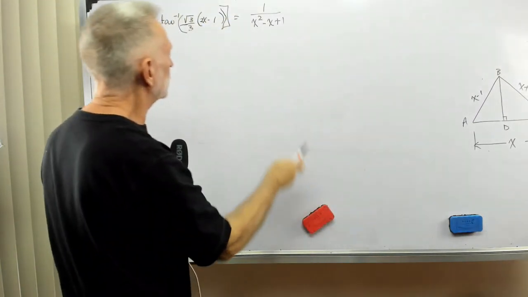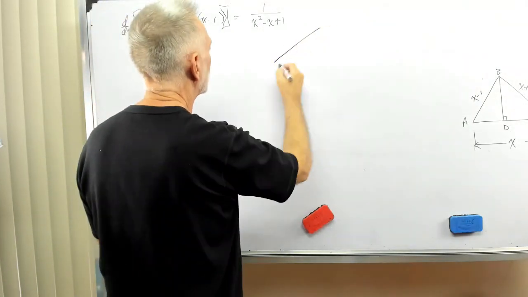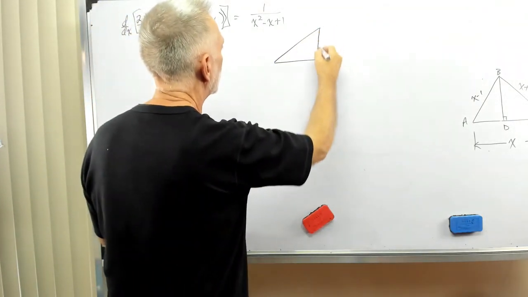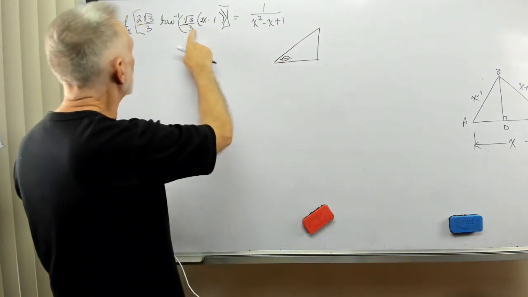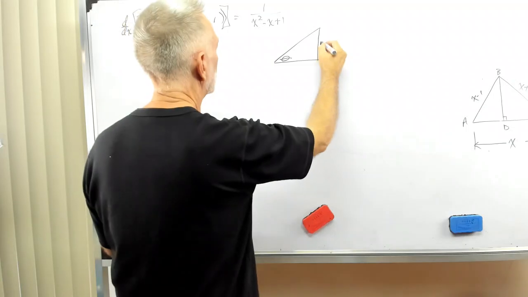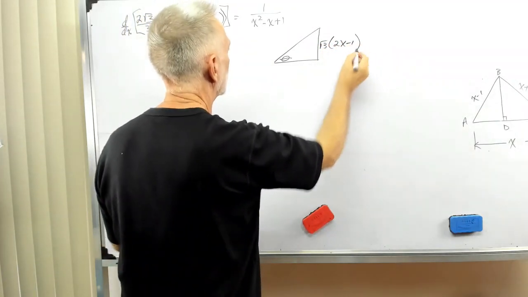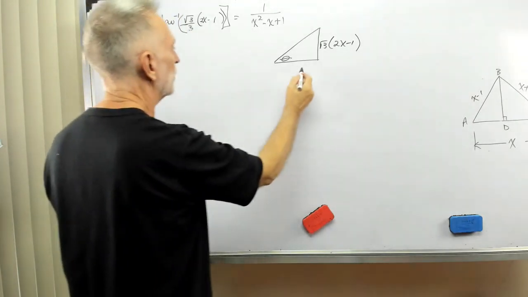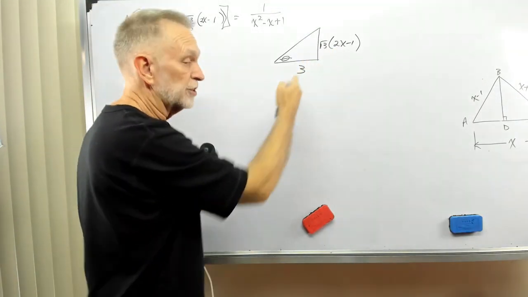Now what does that look like? If I have this angle theta, it equals square root 3 times 2x minus 1 over 3, opposite over adjacent.